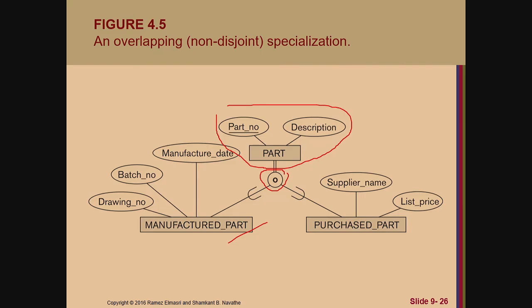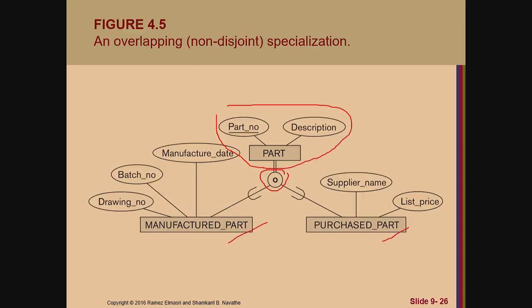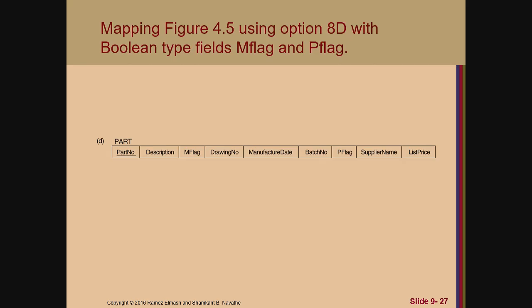The part also can be the purchase part, with the same part number. So we can use the D technique. Okay, we have part number, description. Here are the attributes from the superclass.